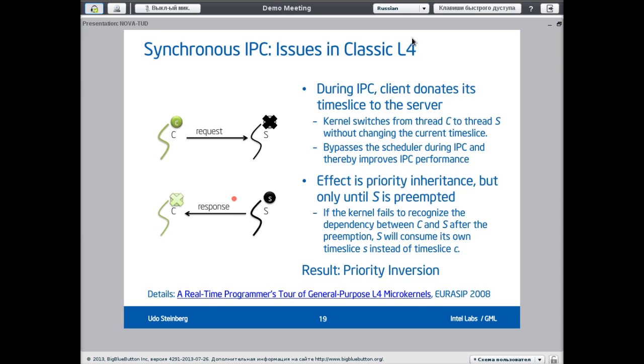And the effect is priority inversion because the server S now runs with its own priority rather than the priority of its client. And that is quite an ugly problem. For those of you who are interested in all the details about this, I've put a link to a paper here at the bottom, which describes this effect and all the consequences in more detail.